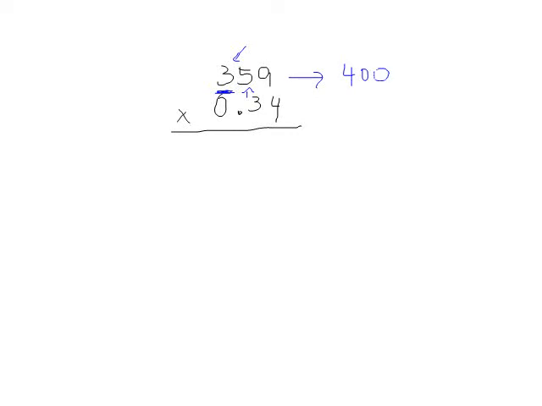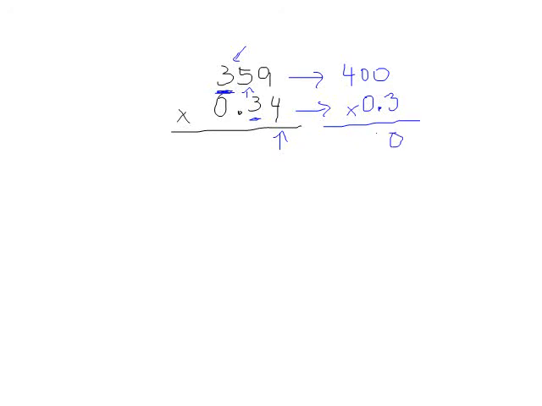Looking at the next factor, we see that 3 has the greatest place value. And we look at the number right next to it, which is a 4, which is less than 5. So in this case, we need to round down. So instead of 0.34, we're going to have 0.30, or simply 0.3.